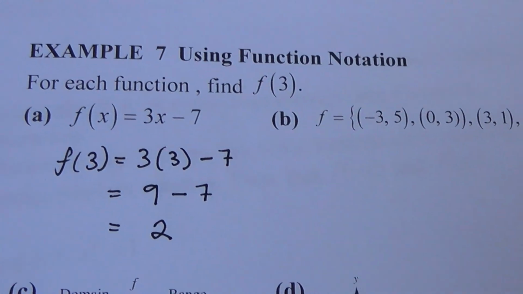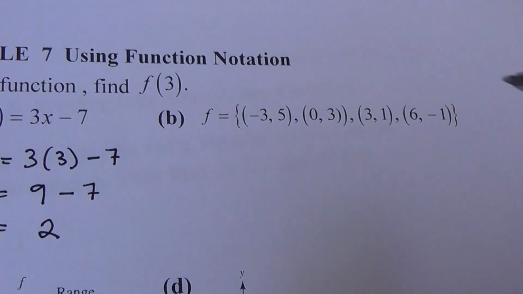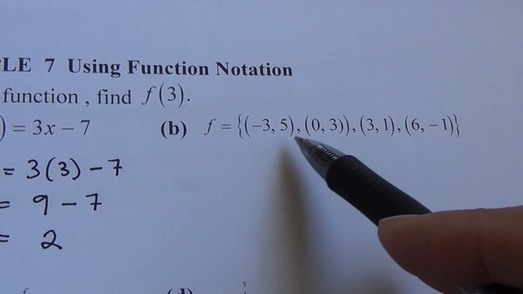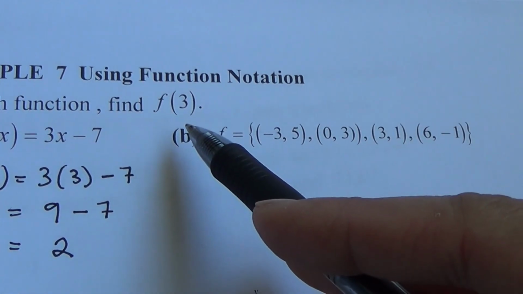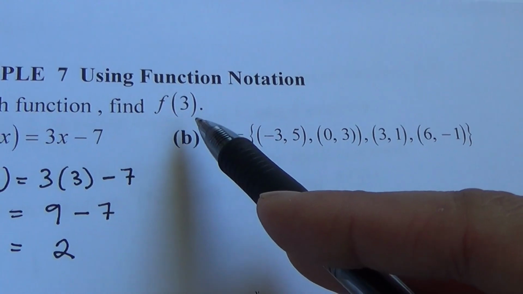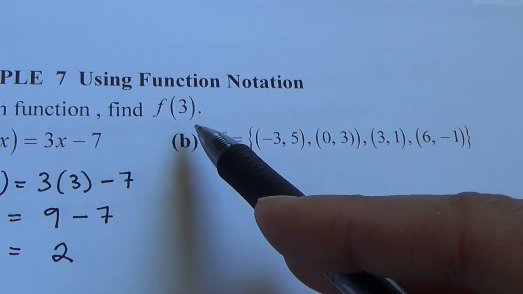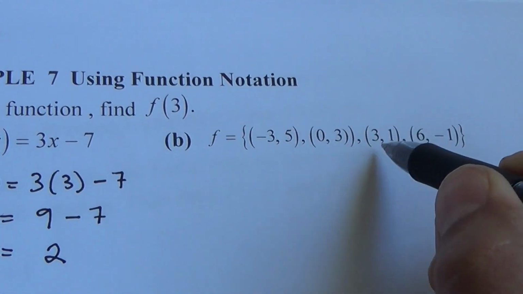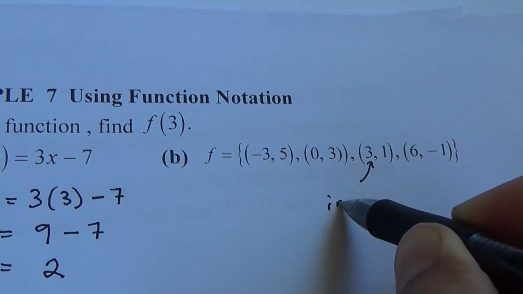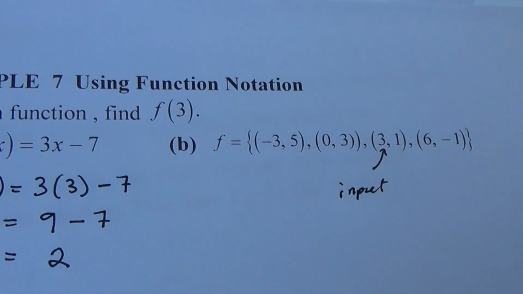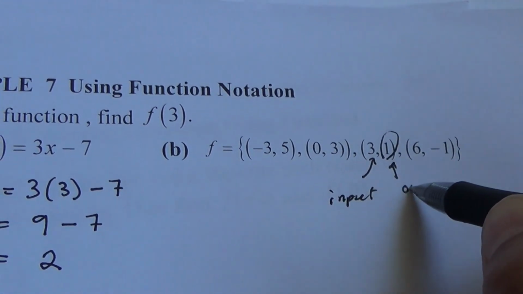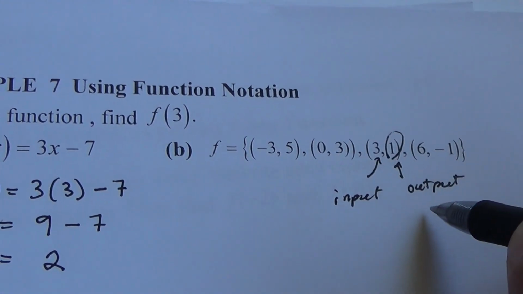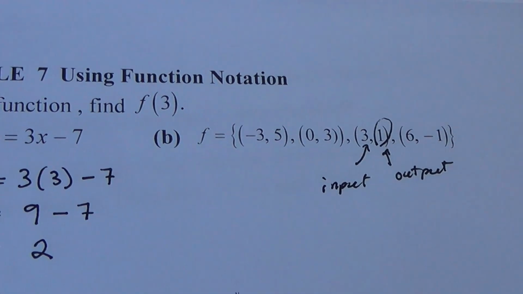In B, we have a function that is defined as a set of points. Now remember, the 3 represents the input. So the question is asking, what's the output if we plug in 3? So we know that 3 is the input, so the output must be 1. The output, remember, is the y coordinate.